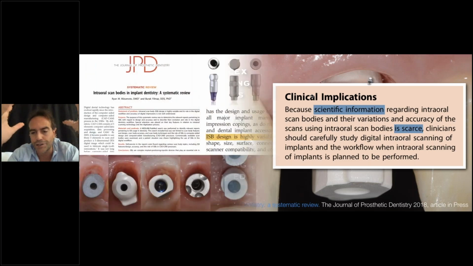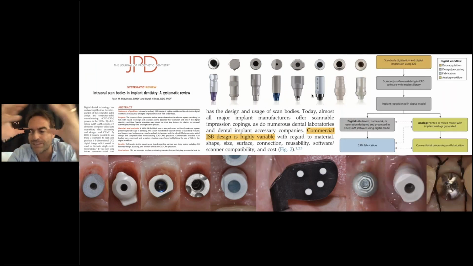Look here at the different scan bodies that we have utilized, my brother and myself, in our learning curves. You see that we have many different designs, different materials, different technologies behind. We have completely different features for each single one of these scan bodies that you see listed.